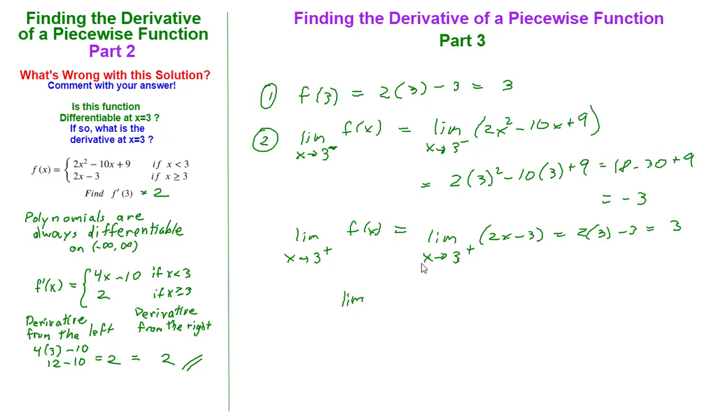Notice the limit from the left and the limit from the right are not equal to each other. This is not continuous at x equals 3. The limit as x approaches 3 from the left of f of x does not equal the limit as x approaches 3 from the right of f of x. So f is not continuous at x equals 3, and therefore it is not differentiable.